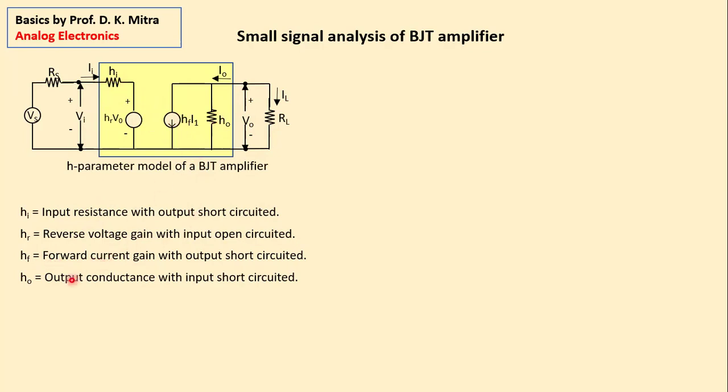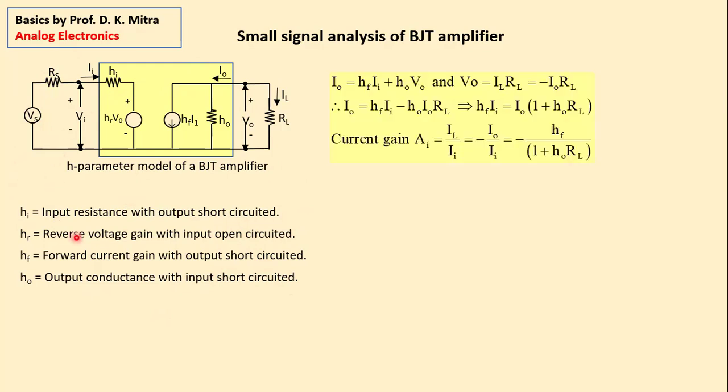And HO is output conductance or output admittance with input open circuited. What is short circuited or open circuited is very important to remember if you want to measure the performance characteristics of any transistor circuit. So this much you have learned in your device subject.